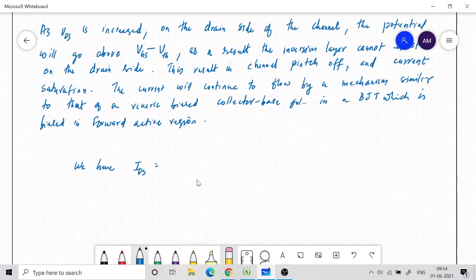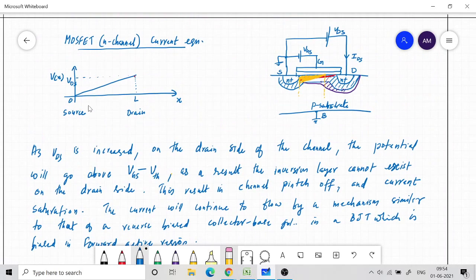So what is the expression that we got? We did not assume any pinch off while deriving the expression, because if pinch off is taken into account, this potential variation is not true. If pinch off is assumed, then our potential will be something like this, maybe too exaggerated, something like this.